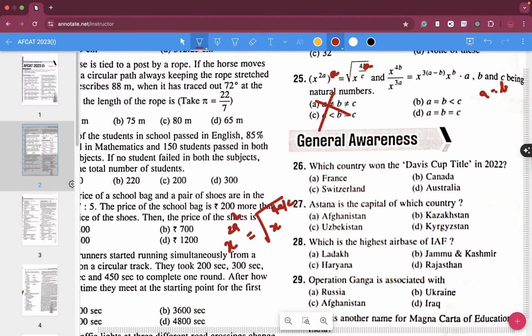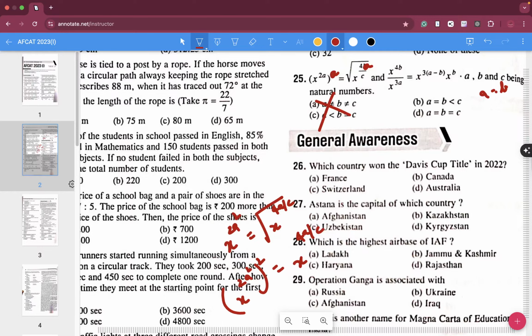So now if we do a whole square over here, x raised to the power 2a square whole square is equal to x raised to the power 4a by c.